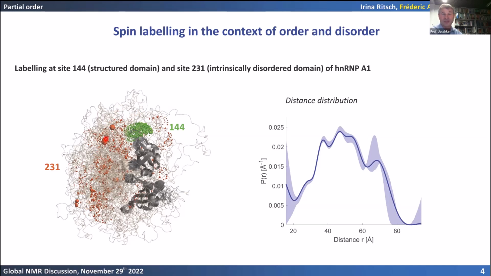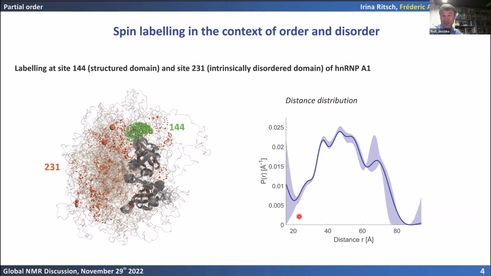And if you measure the distance distribution between the green label and the orange label, then you get a rather broad distance distribution. I call this one only moderately broad because this disordered region could be even more disordered than here. Actually, this is already a little bit compact, a little bit sticking to the ordered part.